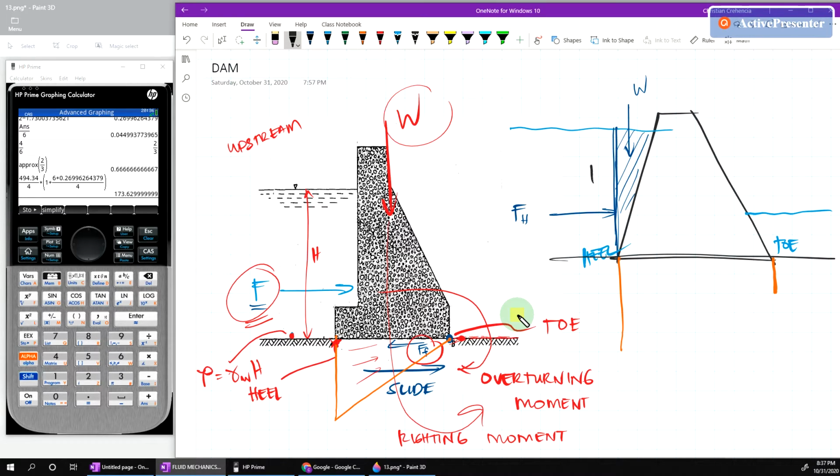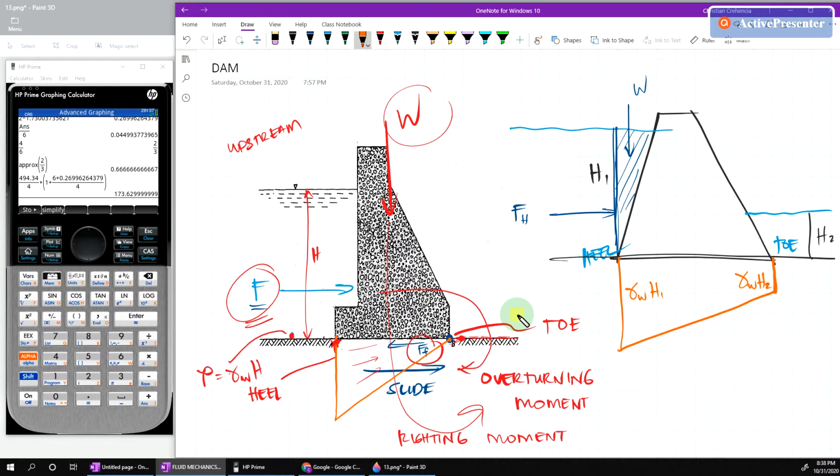Let's call this H1, then let's call this H2. Then ang pressure natin dito is unit weight ng water times H1, then ito naman is unit weight ng water times H2, then that will vary linearly.